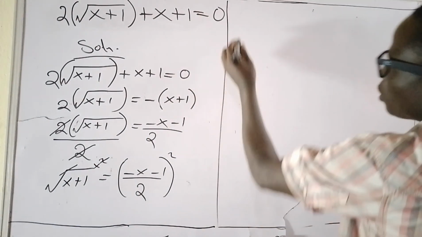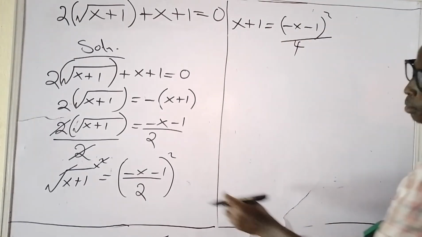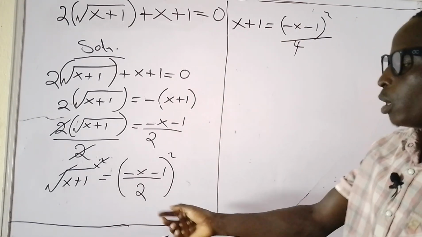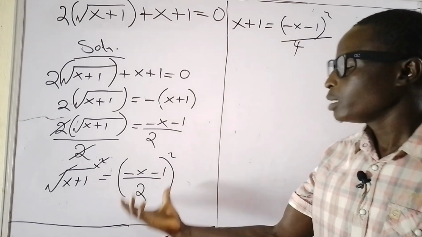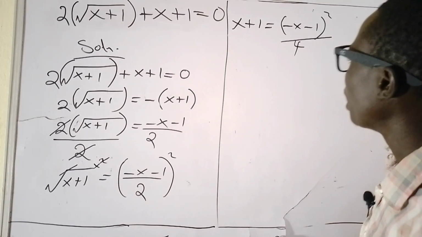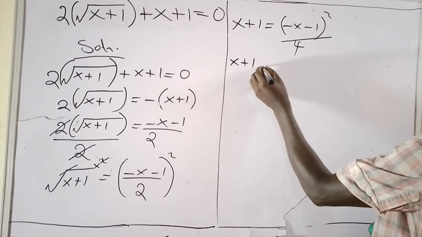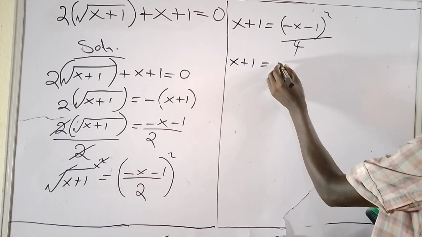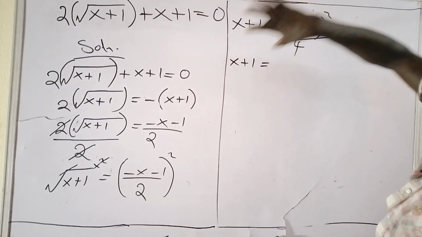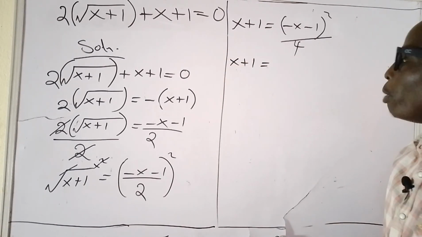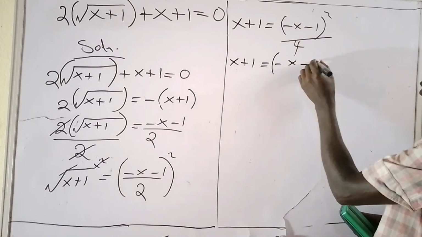Let me divide both so that I have, because this square is affecting every content inside the bracket, both numerator and the denominator. So I have x plus 1 is equal to, that means this bracket will have to be written in 2 places. I'll open the first bracket.